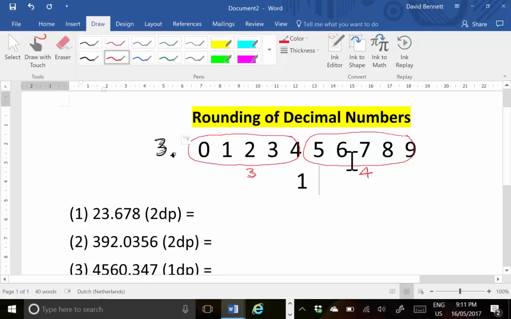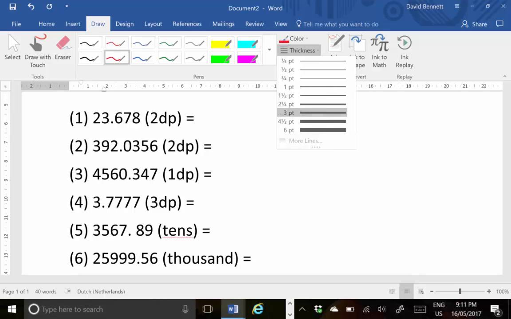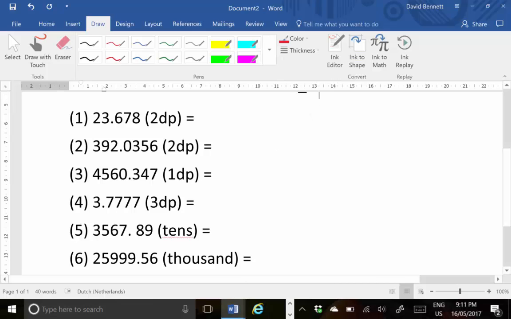All right, let's look at these examples, and what it's asking you to do is the following things to the nearest decimal place. If we're looking at this one here, 23.678, and I'm looking at 2 decimal places, I need to highlight the one I'm looking at.